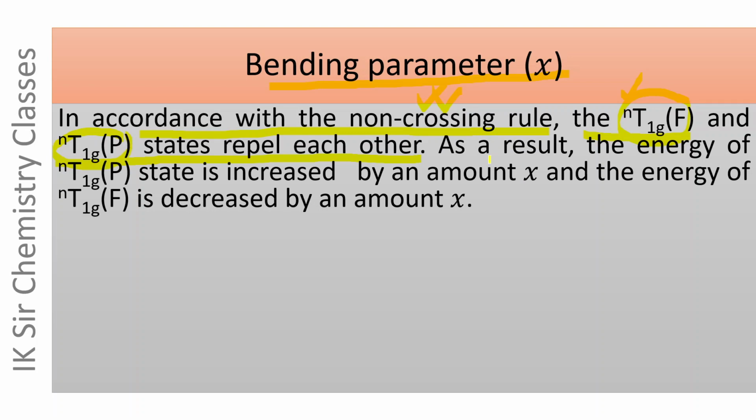As a result of this repulsion, the energy of the T1g(P) state is increased by an amount x, while the energy of the T1g(F) state is decreased by an amount x. These two spectroscopic states with the same symmetry repel each other.